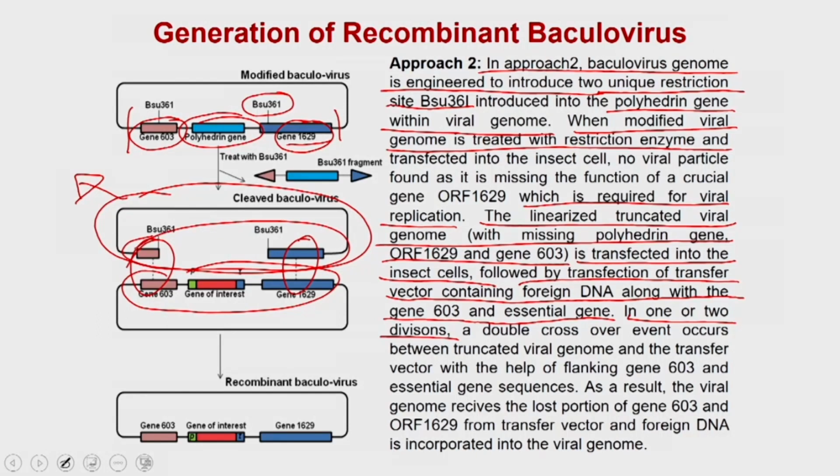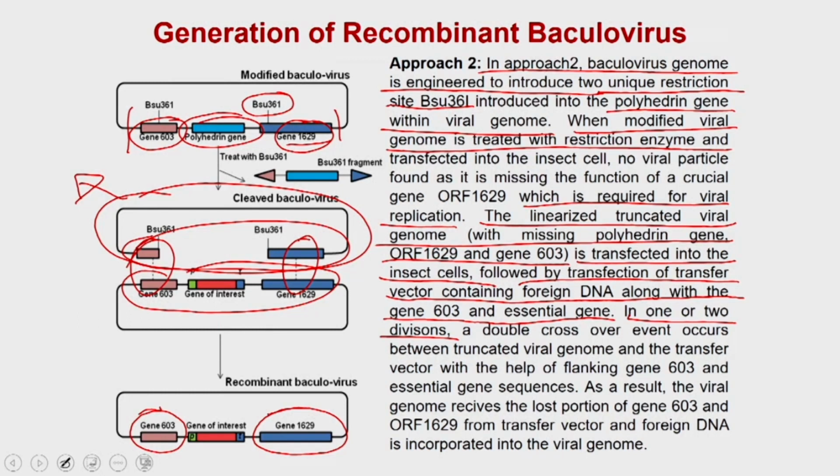You are going to produce the recombinant baculovirus, where you have the gene 603 in the front and gene 1629 on the back side, and in between you have the gene of interest cloned under the promoter of the polyhedrin gene.